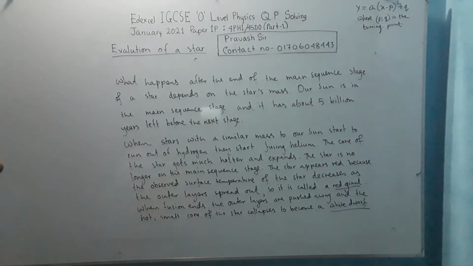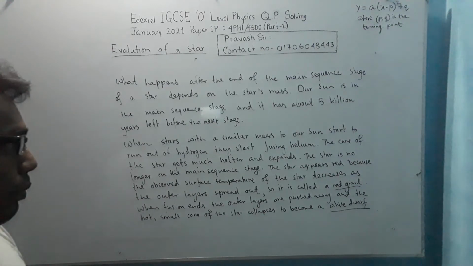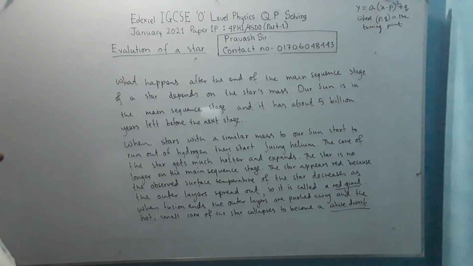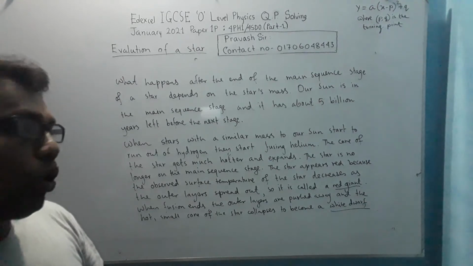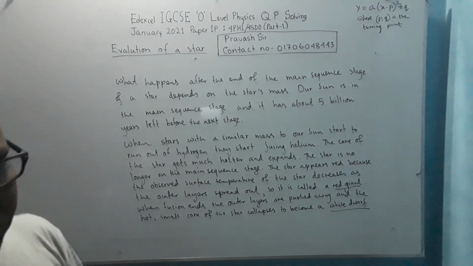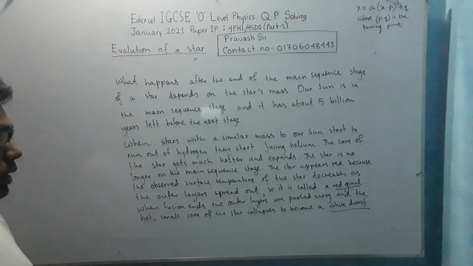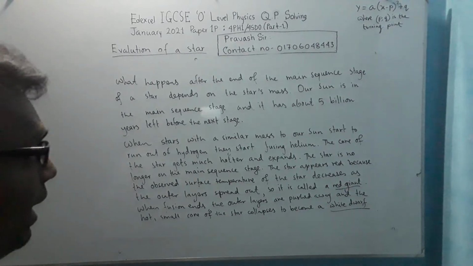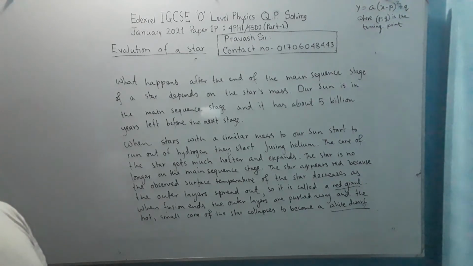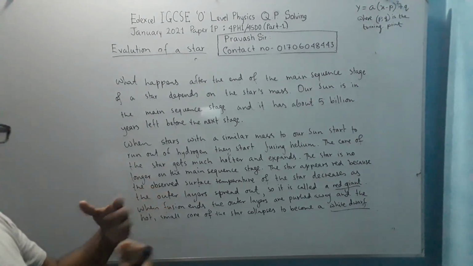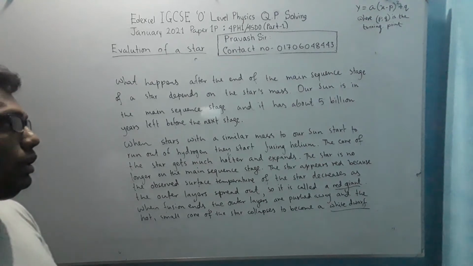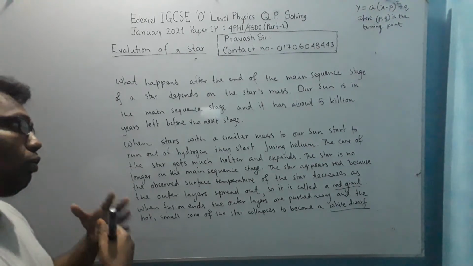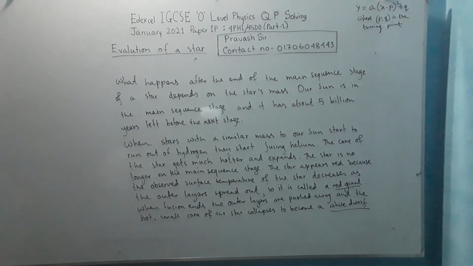When all the hydrogen at the core of the main sequence star runs out, all the atoms in the core are helium atoms.